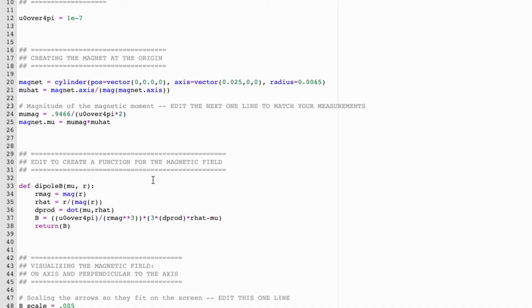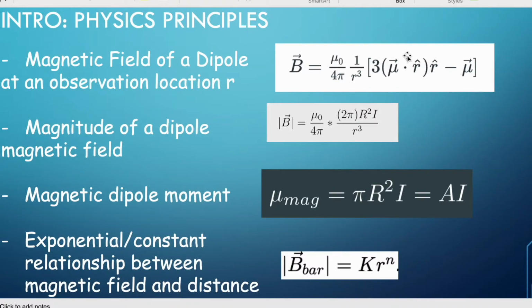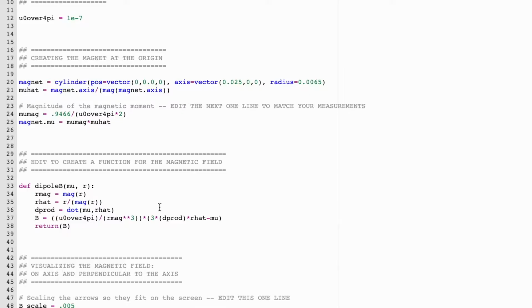Next, we have our function for calculating the magnetic field of the dipole at a given location, given both the location and what mu is, and that's going to just use this equation here.